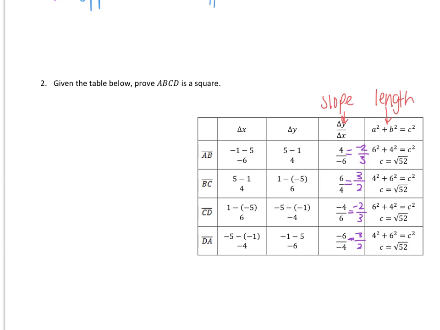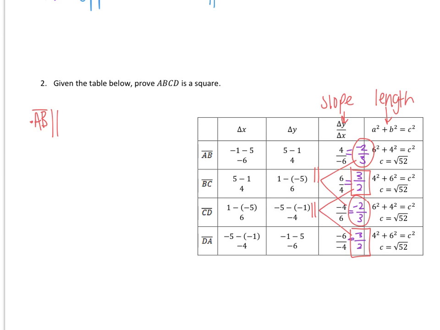So I'm going to start circling, noticing some similarities on my table. First I see a negative 2/3 and a negative 2/3. That tells me, because they have the same slope, that these lines are parallel. Then I see a 3 over 2 and a 3 over 2. Again, same slope, parallel. So let's make that conclusion.